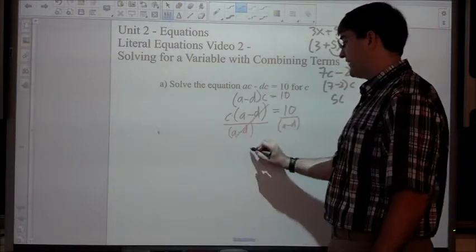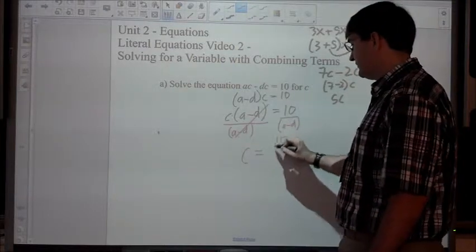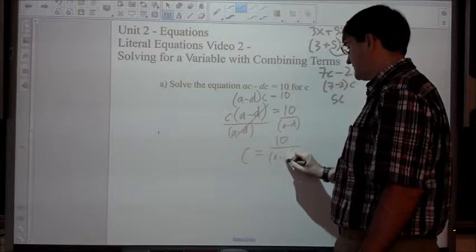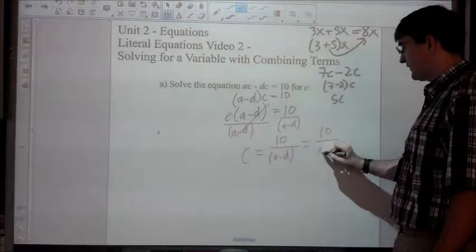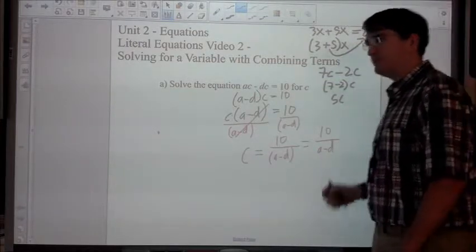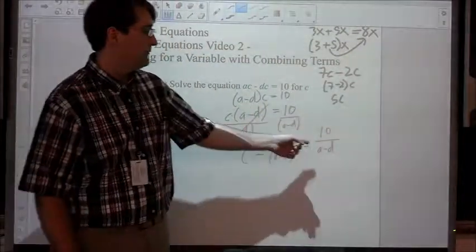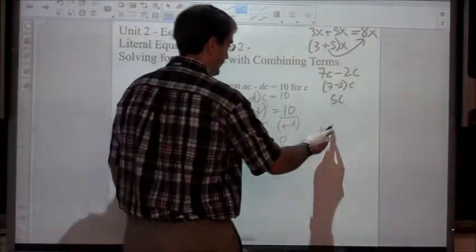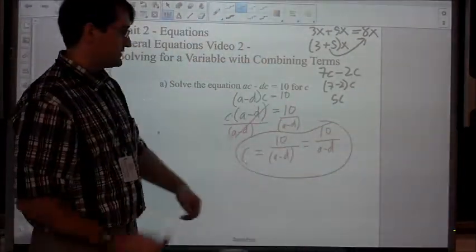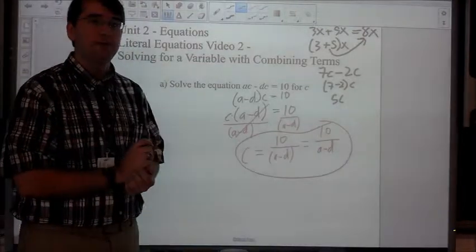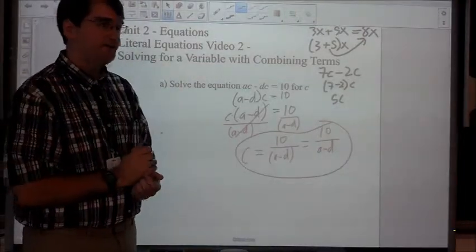Cancel them out on the left side, and we get C is equal to 10 divided by A minus D. You could write it without the parentheses, that's also okay, because when you have an operation in the denominator like that, it's implied that there's parentheses around it. So we get our answer: C is equal to 10 divided by quantity A minus D.